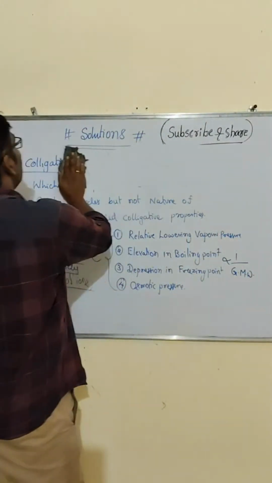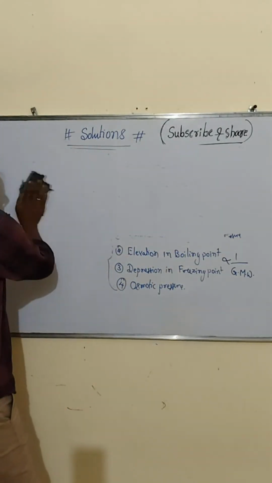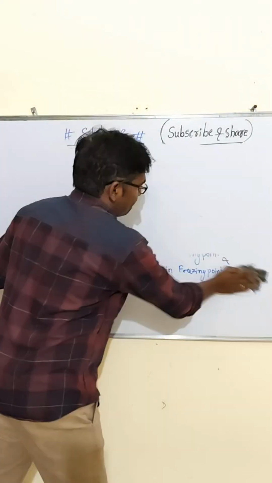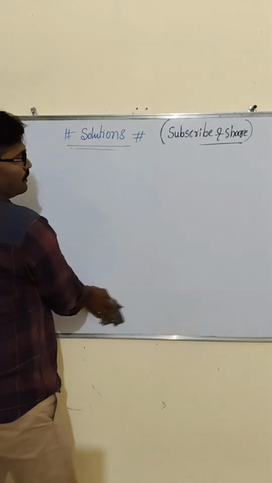So the first one is relative lowering of vapor pressure. What is the relative lowering of vapor pressure?